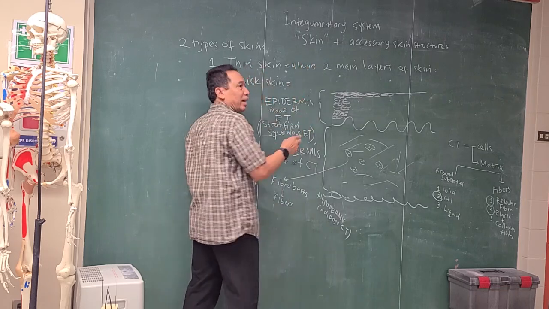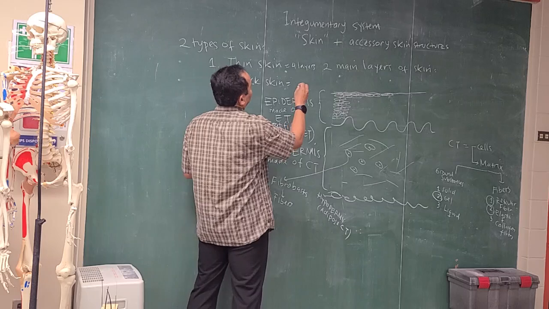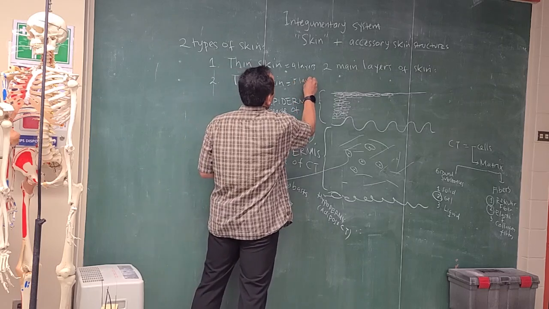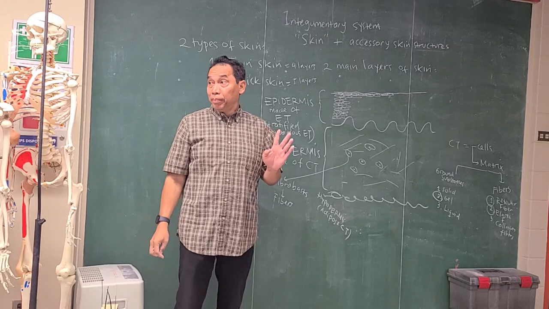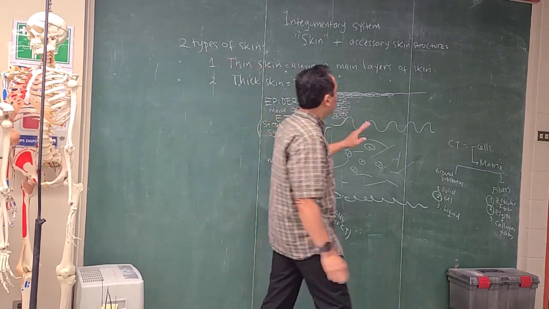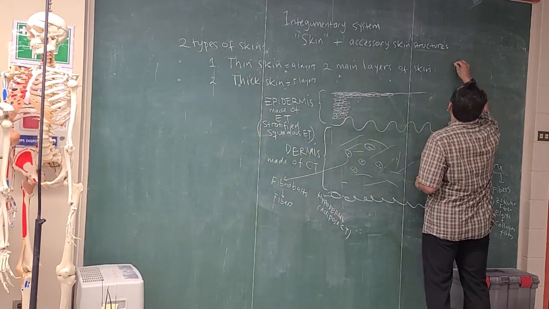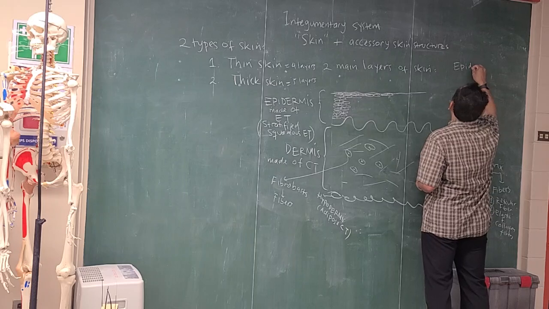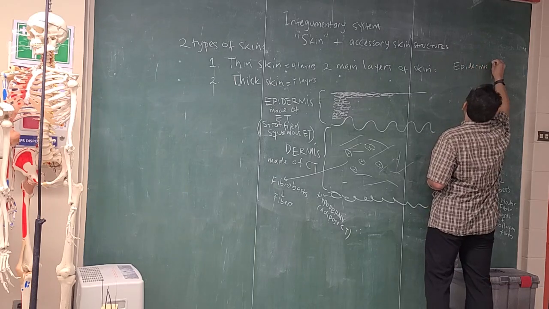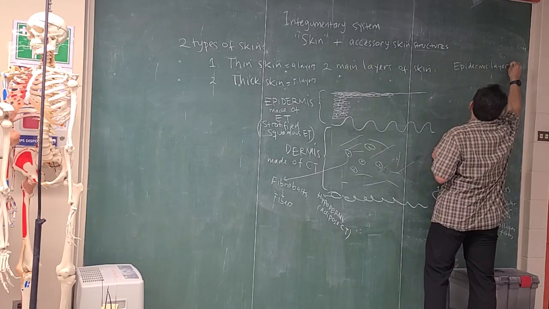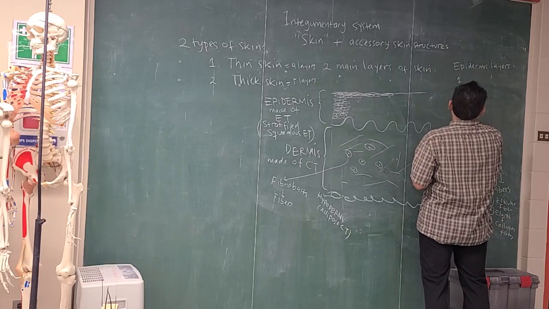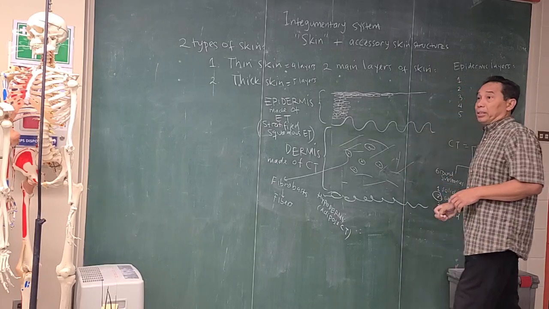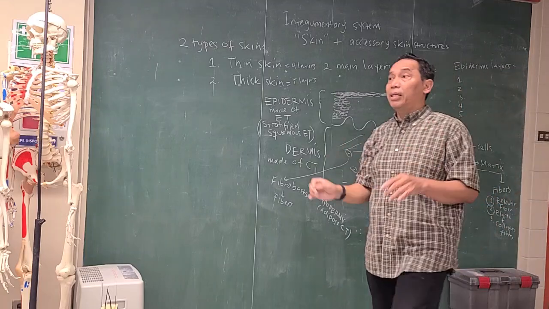The thick skin has 5 layers. Okay, are you with me? I'm gonna just put the list of layers over here. Okay, the names of the layers.